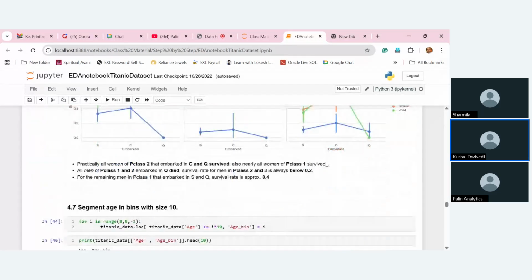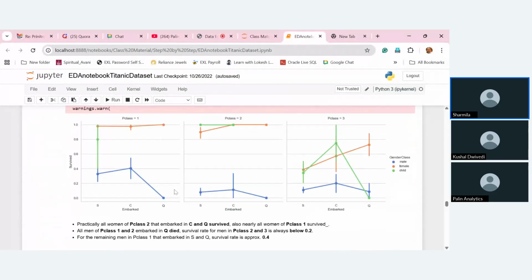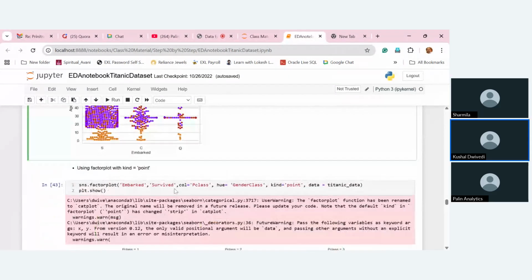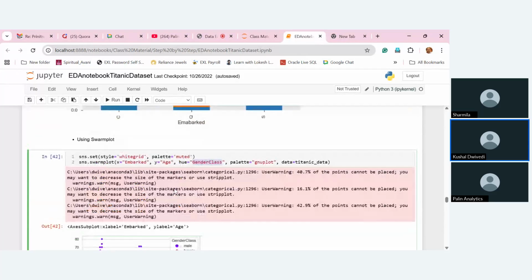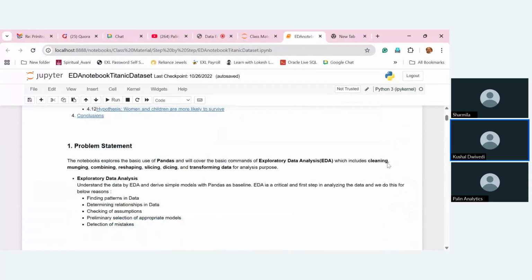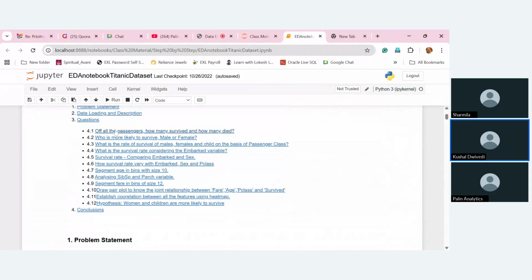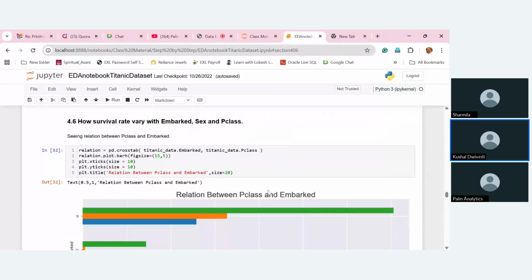Okay, so this is how many questions were answered using different points with different kinds of plots. Initially, there were these 12 questions which were answered using these graphs, and one by one you can go and see.